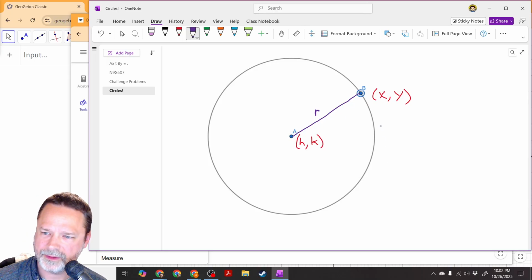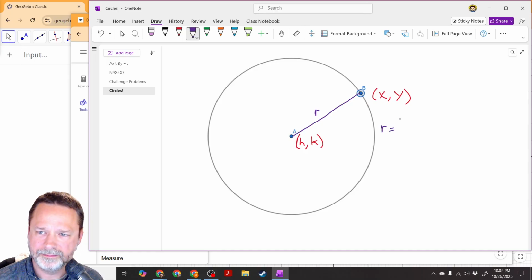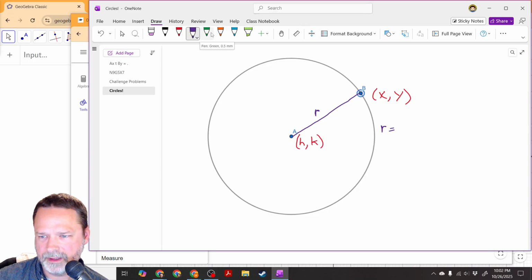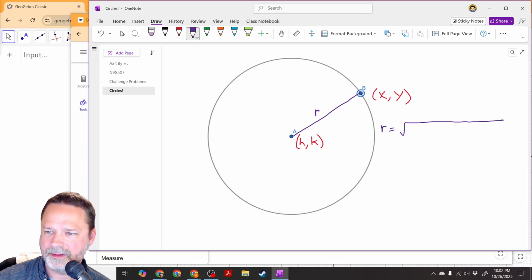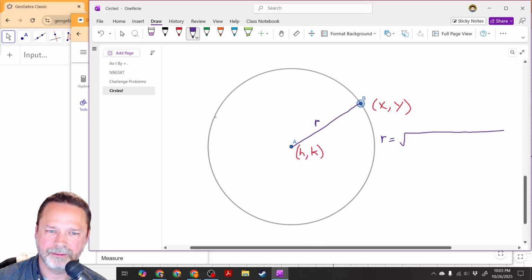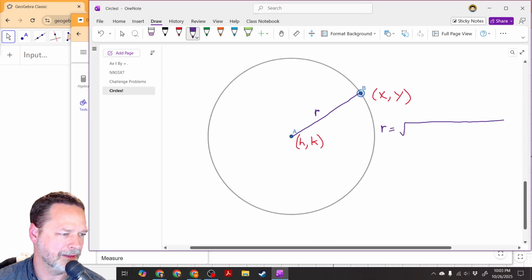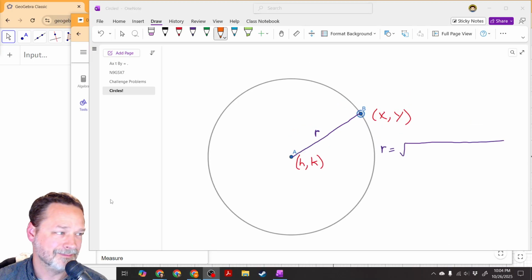So in other words, this R is going to be equal to, let's see here, the distance. So what's the distance formula? So if I was to review really, really quick here, and let's do that.